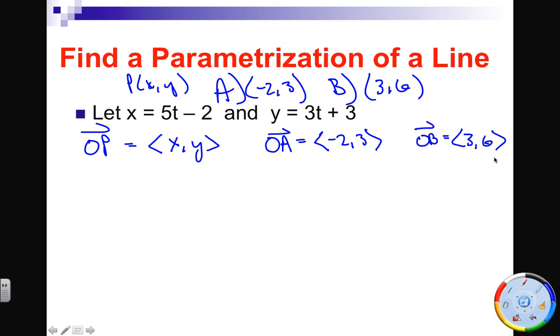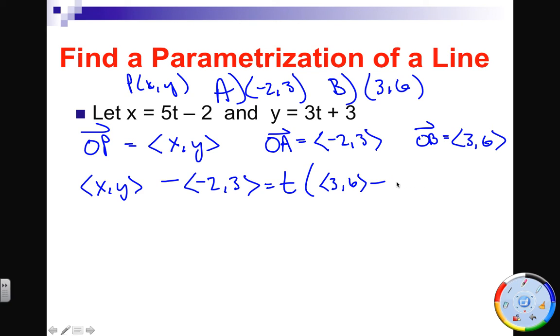Easy peasy. All right, so here's what we have to do. We want OP minus OA. So vector x, y minus vector negative 2, 3 is equal to t times the vector OB, 3, 6, minus the vector OA, negative 2, 3.